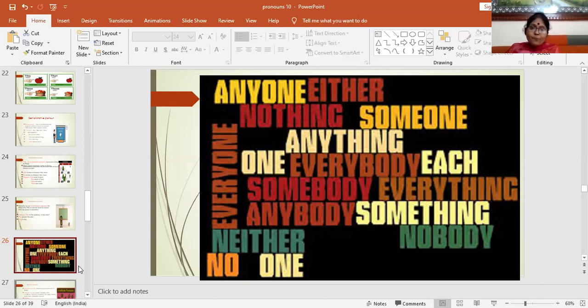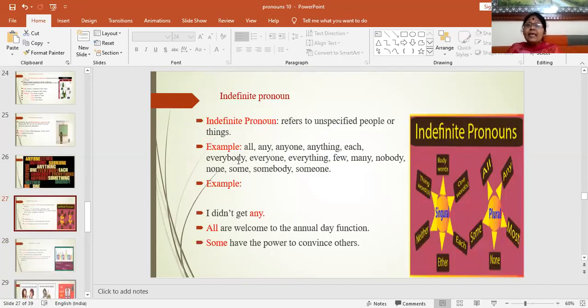So, they are called indefinite pronouns because they refer to unspecified people or things. They are not specifying. Someone, can you help me? I'm not specifying anyone. Anyone can come, right?